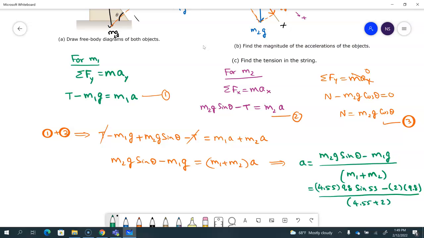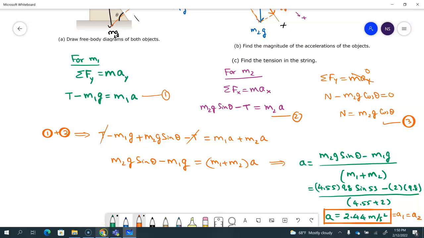And if we calculate it, this comes out to be 2.44, three significant figures, 2.44 meters per second squared, right? So that's the acceleration of the system. a1 as well as a2 both are equal to that acceleration.